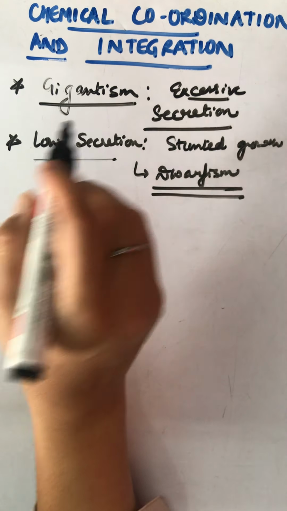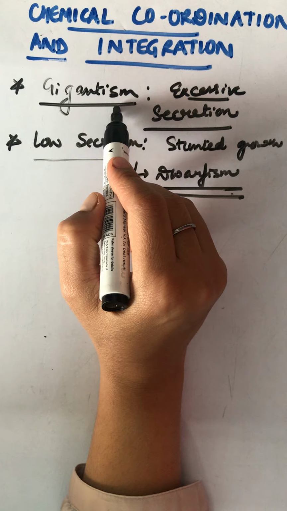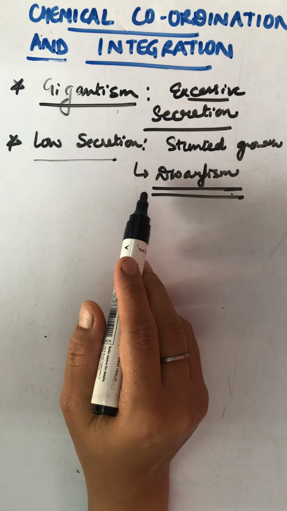So low secretion, dwarfism; excessive secretion, gigantism; and that is only during childhood.